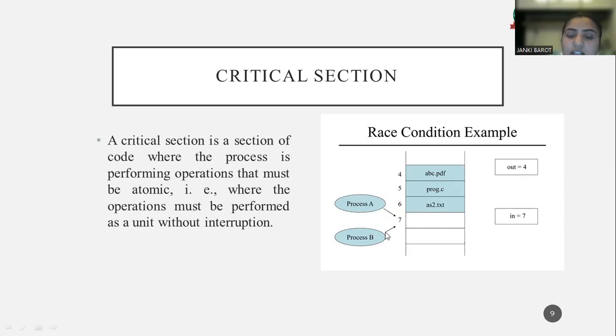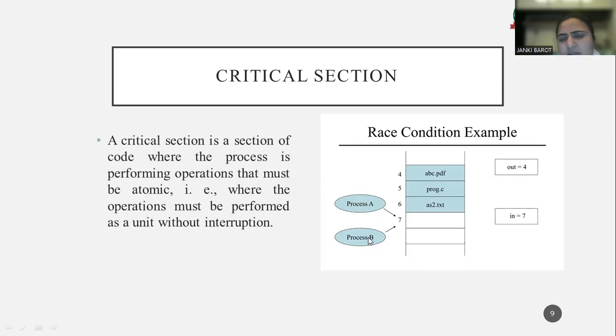So both will try to occupy this slot. This is called race condition. Both the processes will try to occupy the same memory segment, that is called race condition.